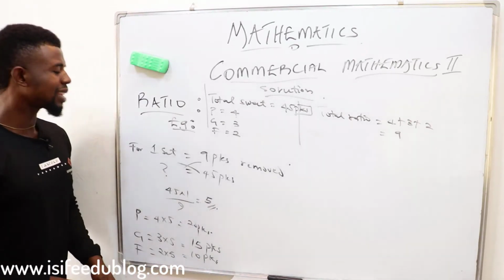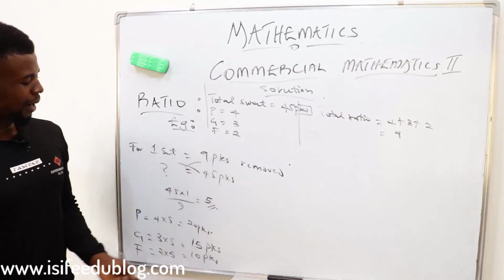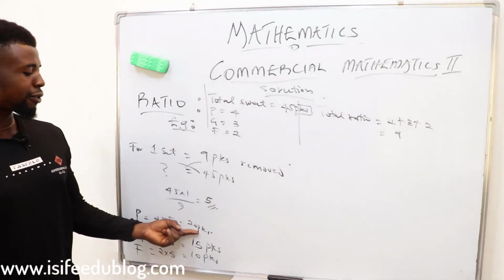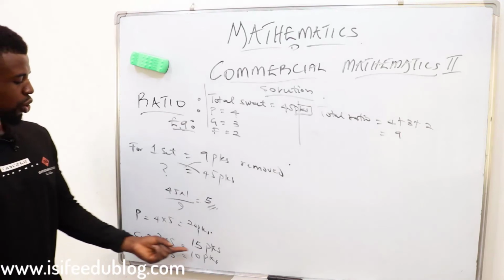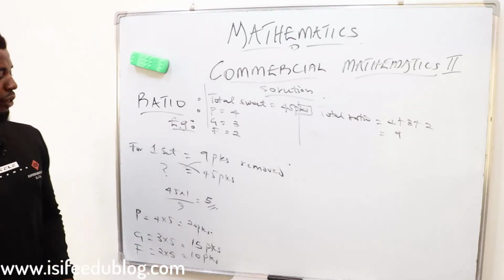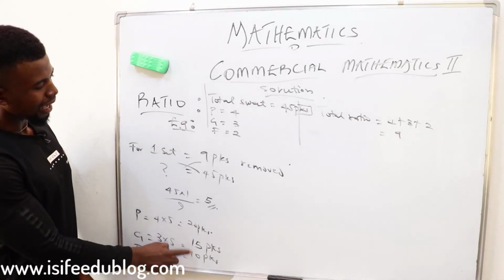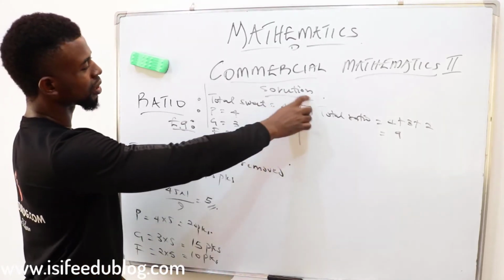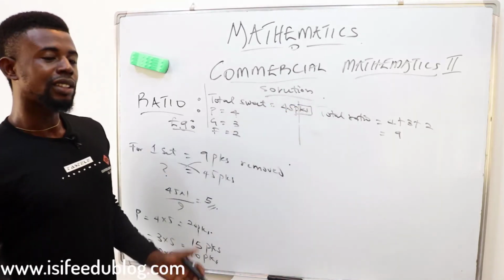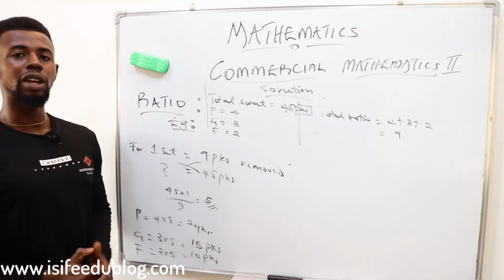Okay, which means that after they must have shared these 45 packs, Phil should have 20 packs, Joe should have 15 packs, and Fred should have 10 packs. And if you sum 20 and 15 and 10, you still get back the total number of 45 packs they share. Okay? Now basically, that is what ratio is all about.